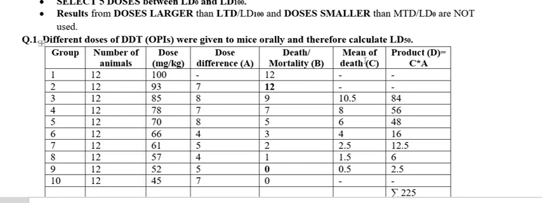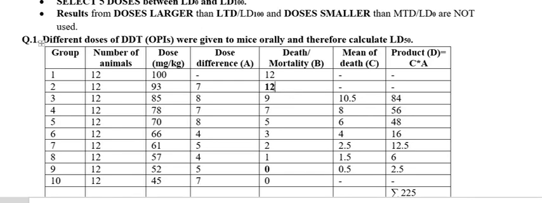So interval mean of death means the mortality of two adjacent groups. So this one and this one: 12 plus 9 means 21, divided by 2. So the interval mean is a plus b, taking the two numbers, divided by 2.